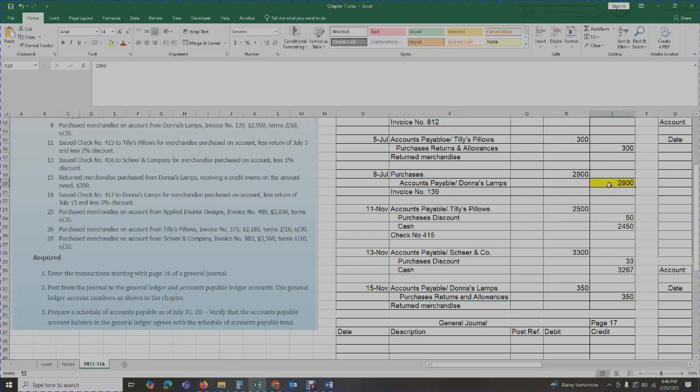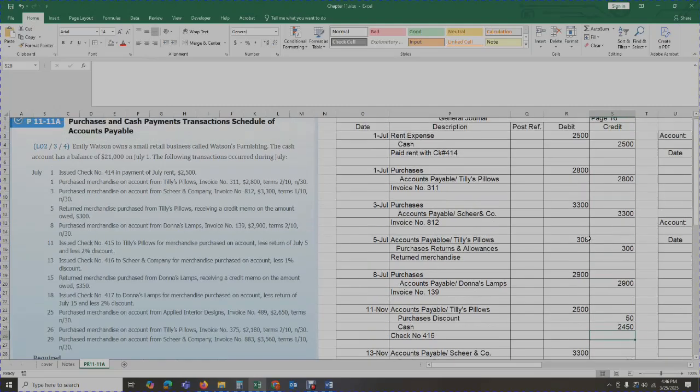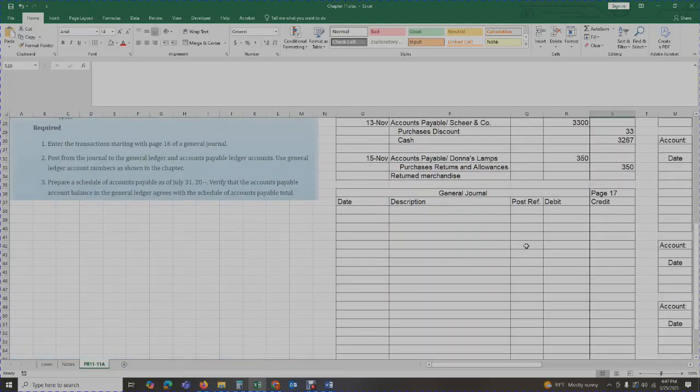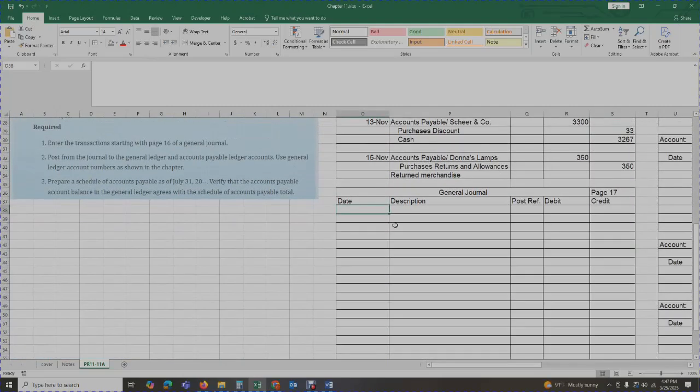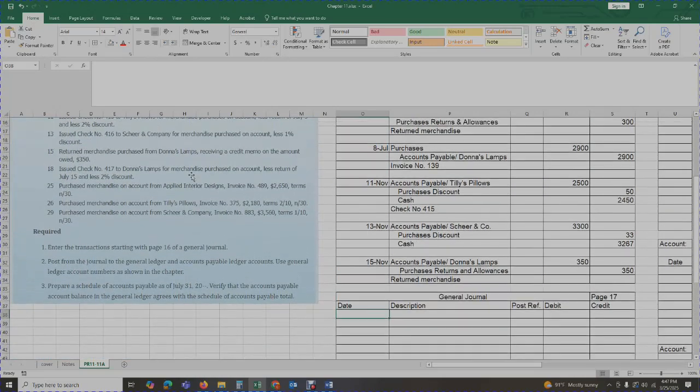Whenever there is a return and you have not paid yet and you have purchased something on account, you're going to debit your accounts payable. So that takes care of that page number right there. Now we're going to move on to November the 18th on page 17 of the journal.